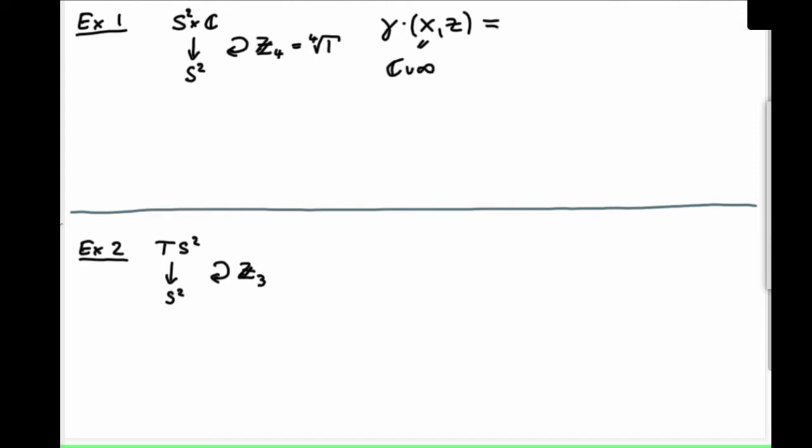And I'm going to act on the base simply with Z4. But in the fiber, I'm going to act sort of only with Z2 by squaring things before I multiply. So let's see. I now have an equivariant section.